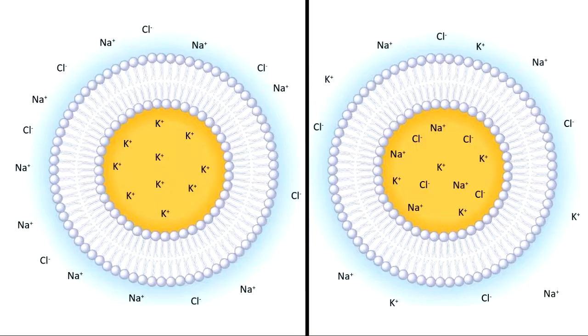Lesson number 3 is talking about the role of the plasma membrane, or how the structure of the plasma membrane influences the way things can or can't get into the cell. So you've got 2 pictures here. The picture over here on the left shows us what it's like when a cell is normal.